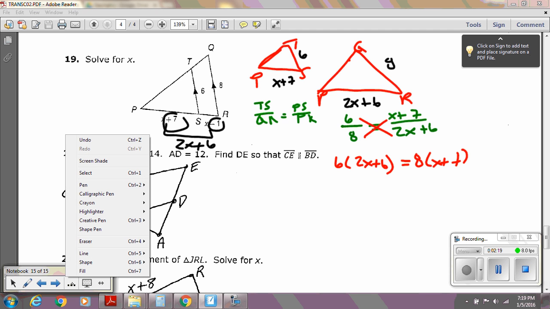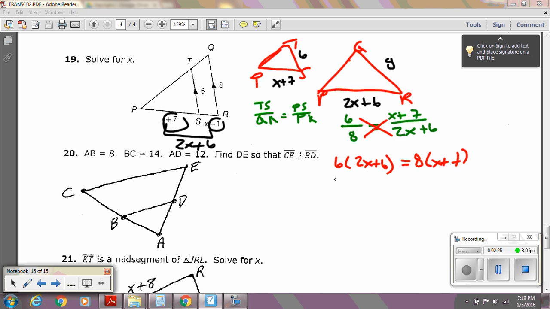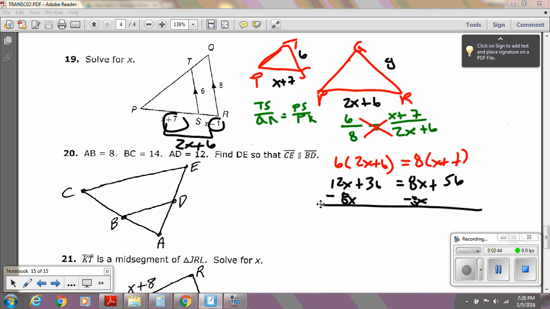Then you would have to distribute the 6 on the left, which would give you 12x plus 36, and distribute the 8 on the right, which would give you 8x plus 56. Then subtract 8x from both sides, which gives you 4x plus 36 equals 56.